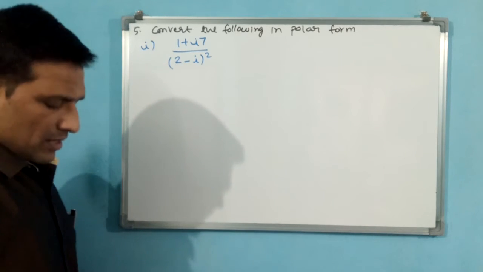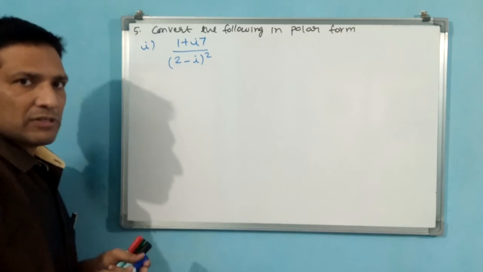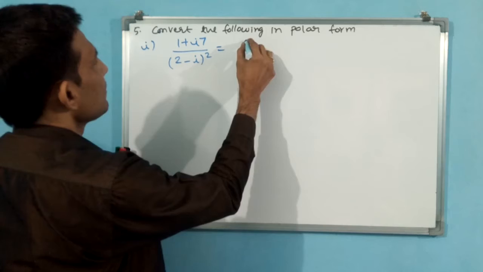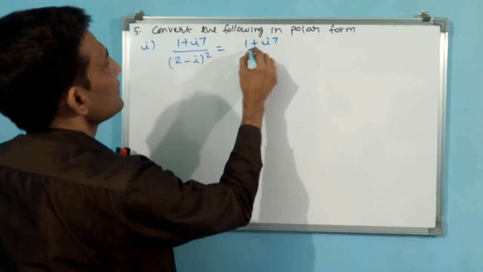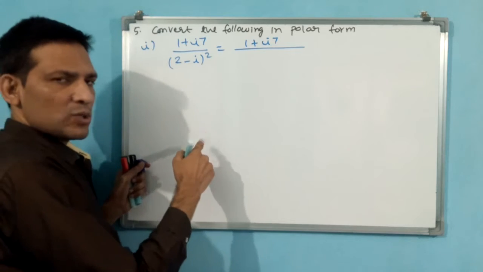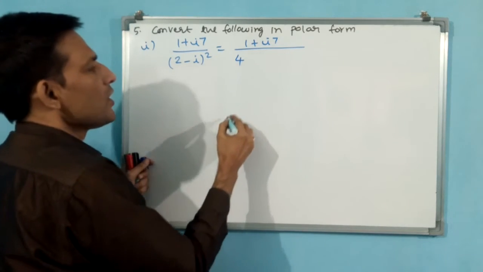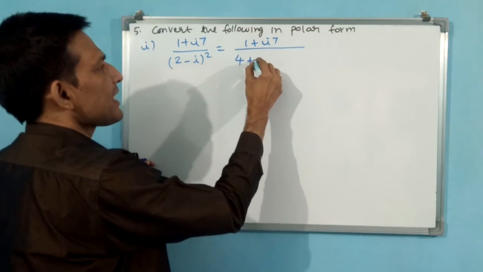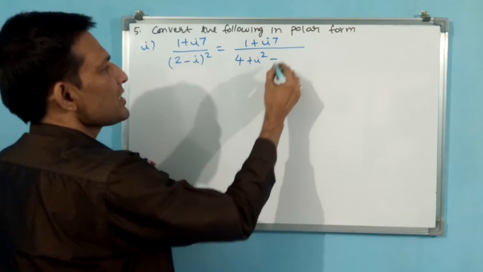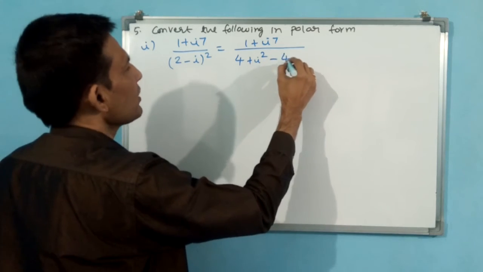But let us see how to tackle this question. Now you see, shall I expand directly? Why? Because I am not writing again and again. 1 plus 7i divided by, I am expanding, a minus b whole square: a square plus b square minus 2ab. Write down. A square 4 plus b square i square minus 2ab, 2 into 2 into i, 2 into 2, 4i.